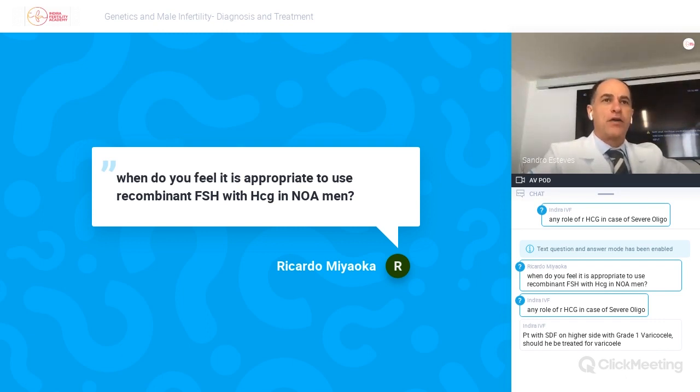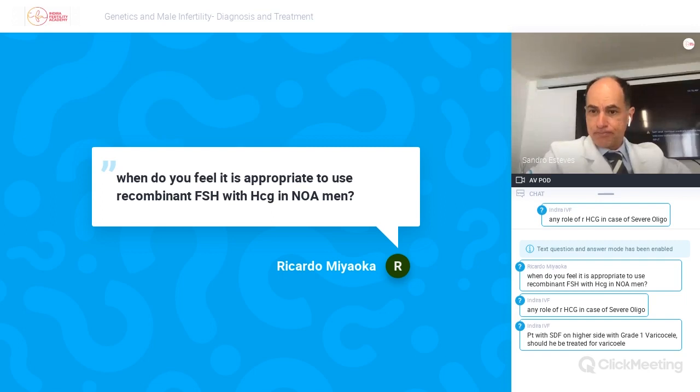So we don't have a guideline or a consensus that the medication, including HCG, will be of any value. I do like to boost testosterone production with HCG, specifically with the recombinant HCG, that we'll discuss in more detail next week.